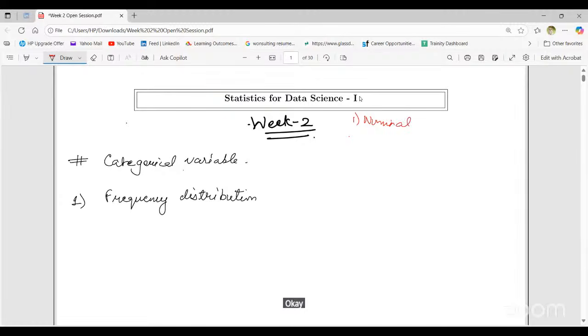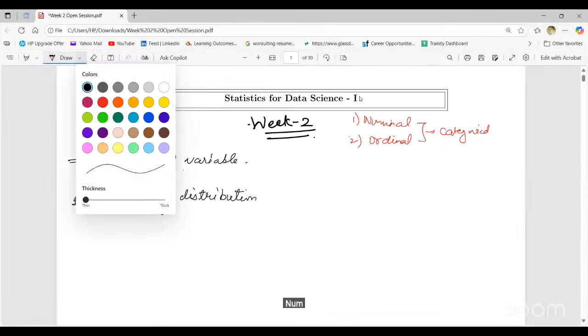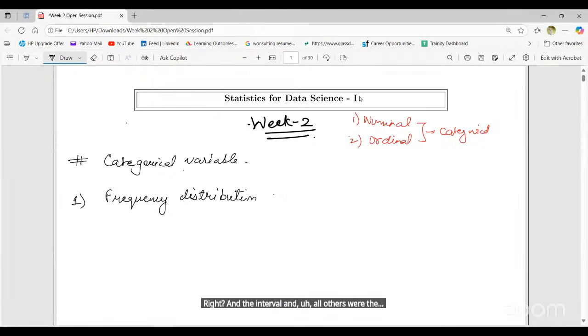Nominal and ordinal are categorical, and interval and ratio are numerical. So in categorical, there are 2 types of scale of measurement, nominal and ordinal.